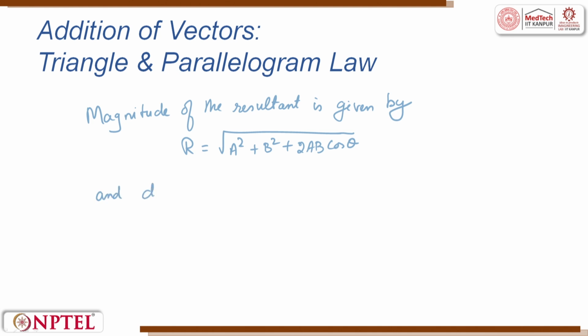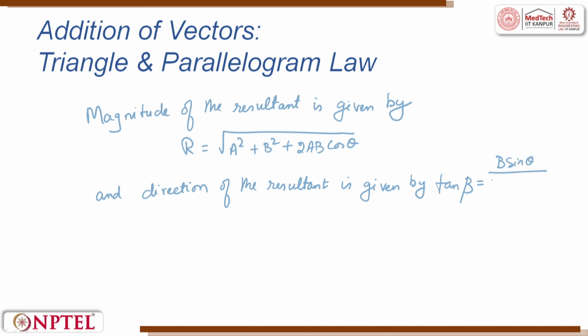and the direction of the resultant is given by tan beta equal to B sin theta divided by A plus B cos theta. Now, it is good to have a figure once again, so let me draw the figure.